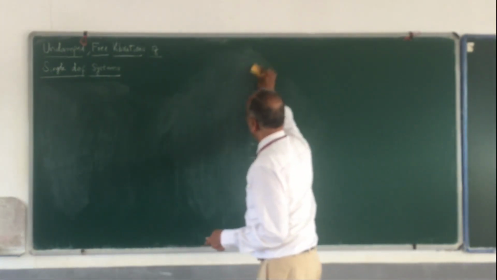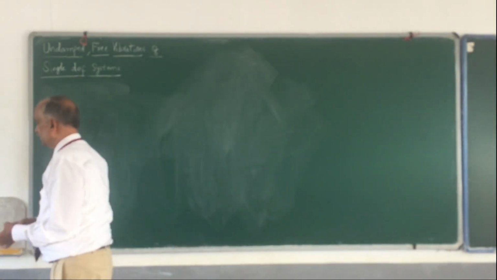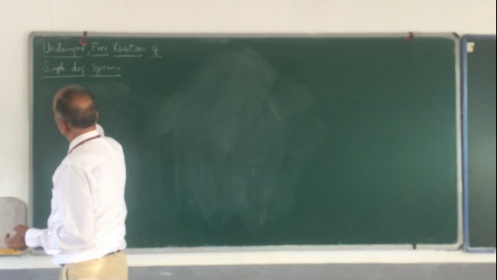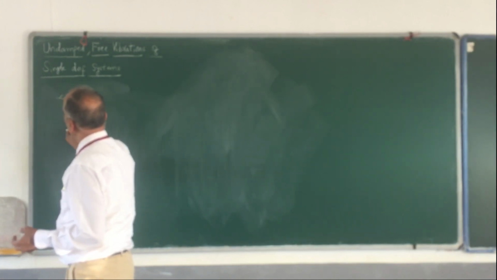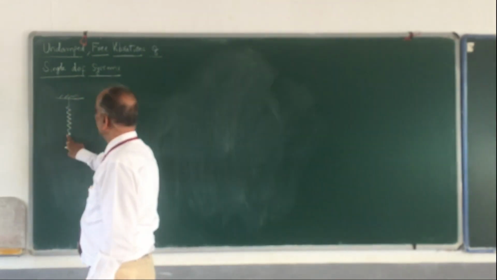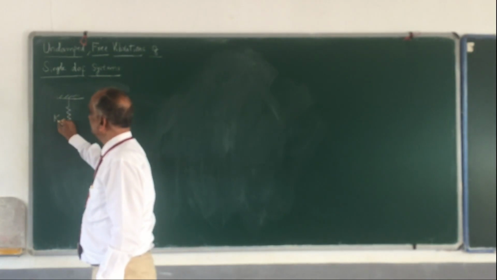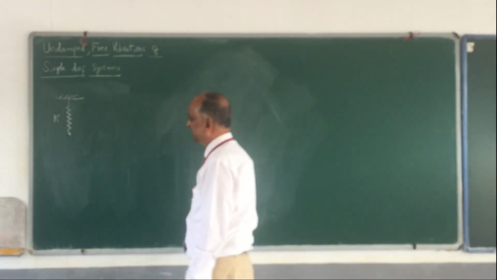Okay, so now let me come back and build a single degree of freedom system. The simplest single degree of freedom system is what is called a spring mass system. The stiffness of this spring is K Newton per millimeter or meter, something like that.